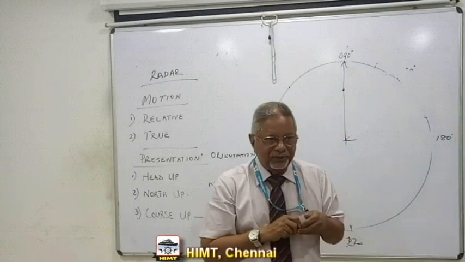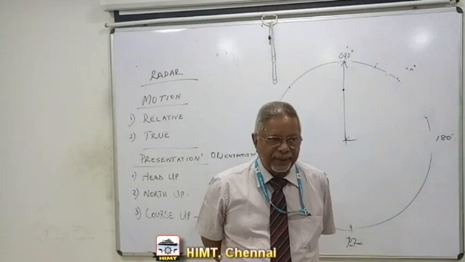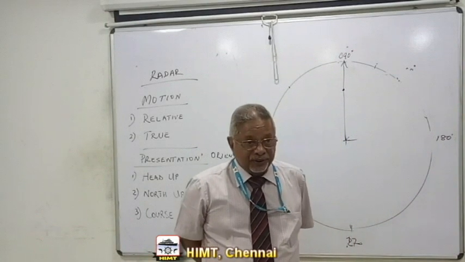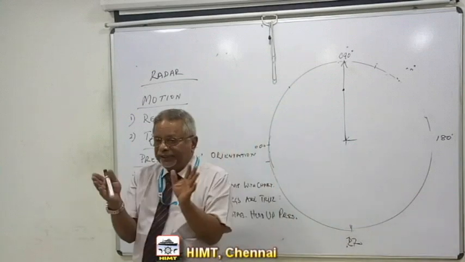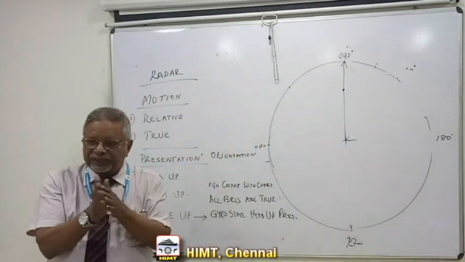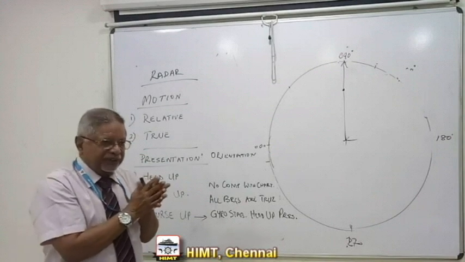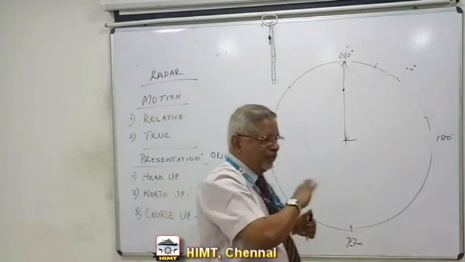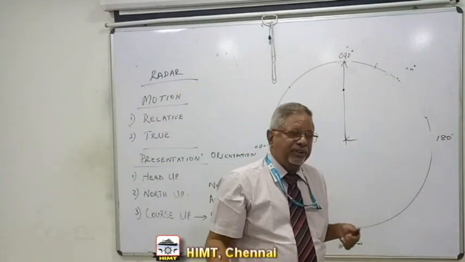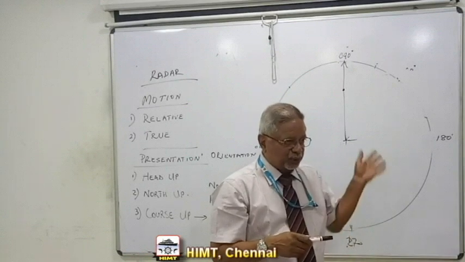No. Obviously not. Even though you have all the other advantages of the head-up presentation, if the gyro fails, you will not be able to use it. Obviously, you need the gyro feed for the course to be shown.